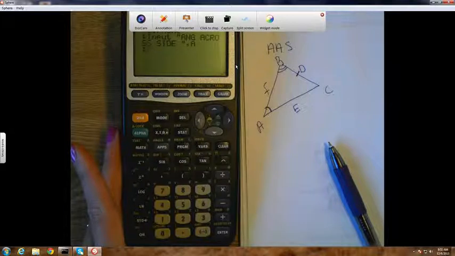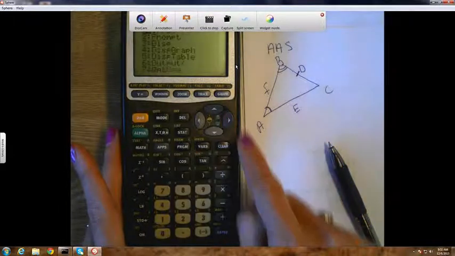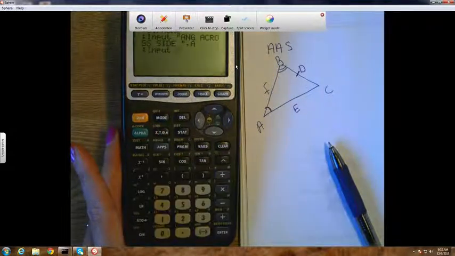Now we want the next input. So program, IO, input, alpha lock. What do you want to ask for next? I go for the other angle. Or you can just say angle. You can say ang2. What's in quotation has no impact on the math that we're going to do.